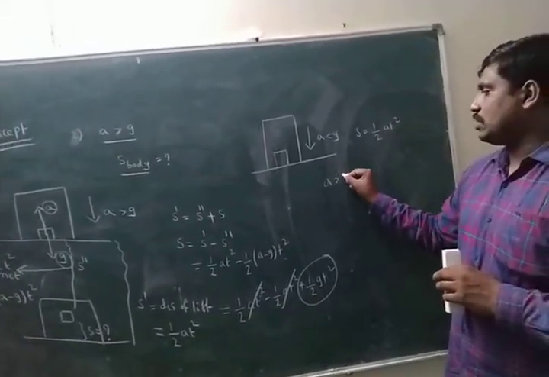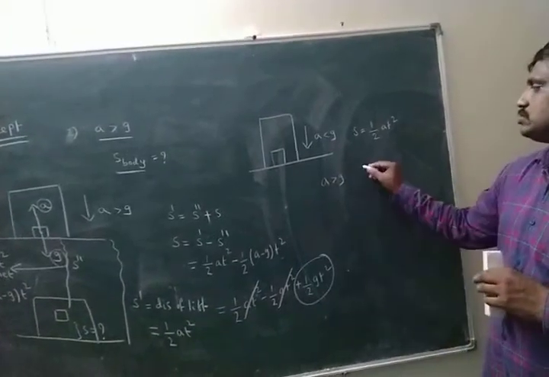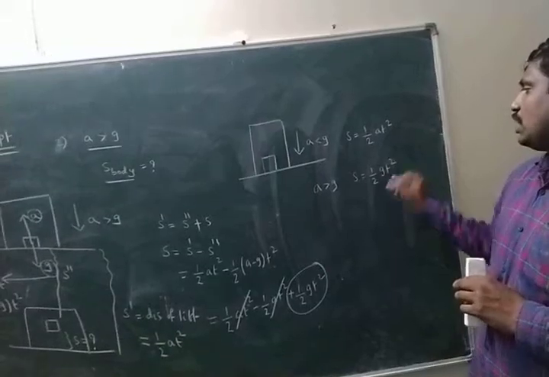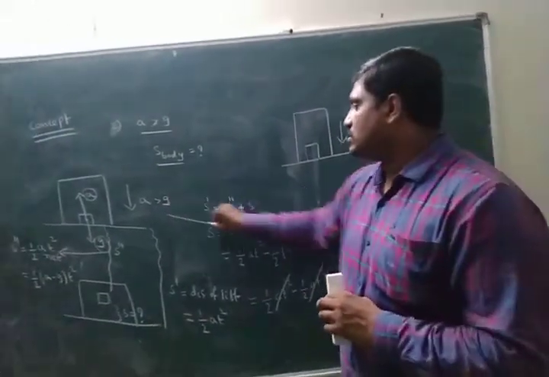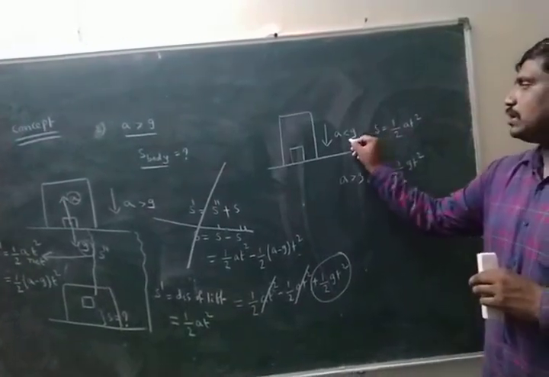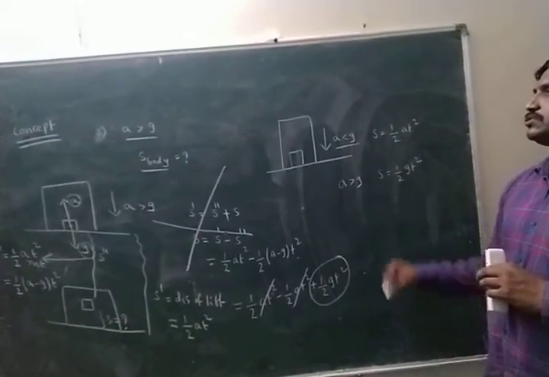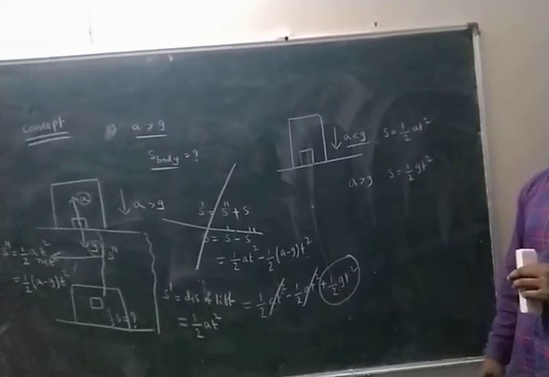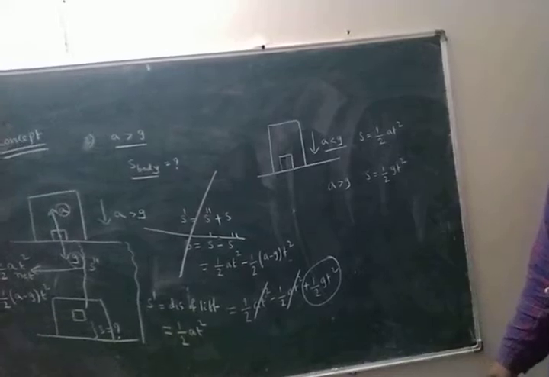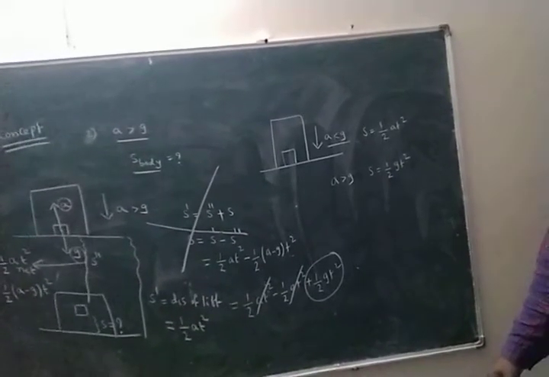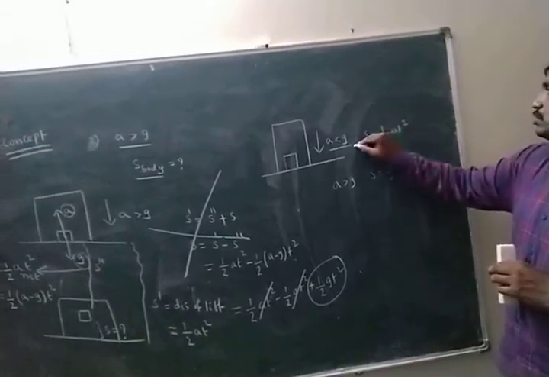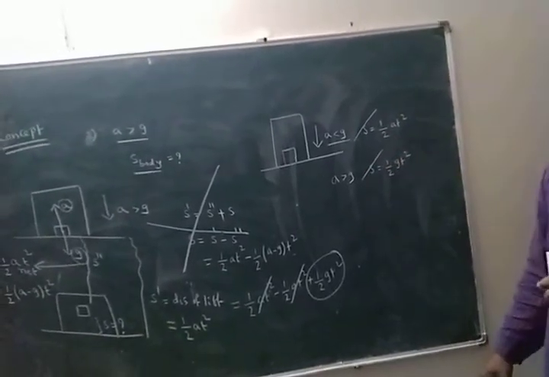In the same situation, if the acceleration is greater than g, the displacement of the body is half gt square. This derivation is not required. What is the condition? For a less than g, the displacement of the body is half at square. For a greater than g, the displacement of the body is half gt square. Keep these two formulas in mind.